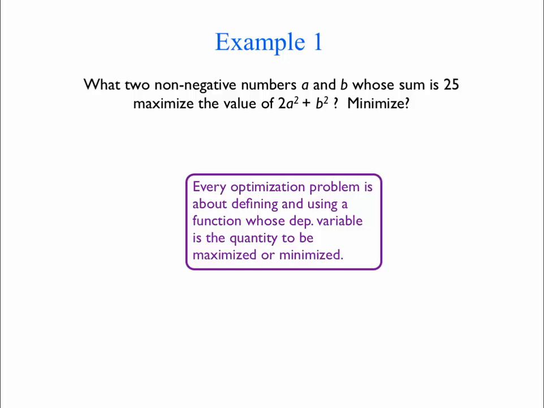You're trying to create a function whose dependent variable, or if you want, the output, is the quantity that we're trying to maximize or minimize. What is the quantity? 2a squared plus b squared. It says we want the maximum value of 2a squared plus b squared, or the minimum value of it. So we need our function's output to be 2a squared plus b squared.